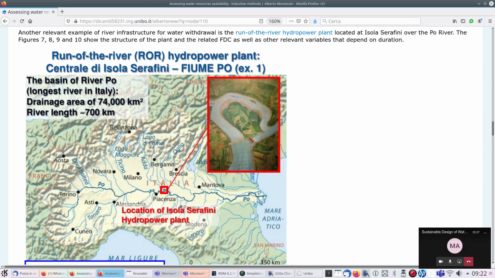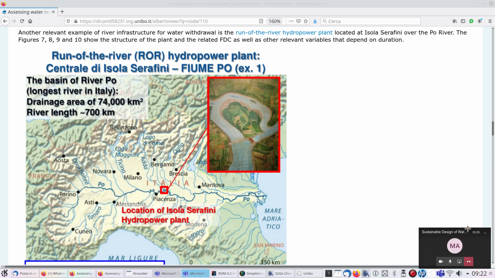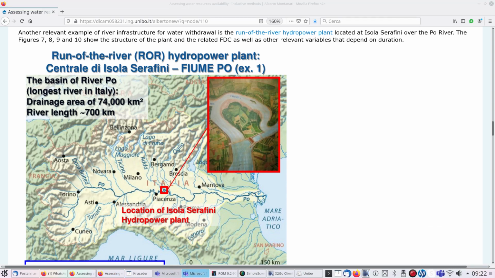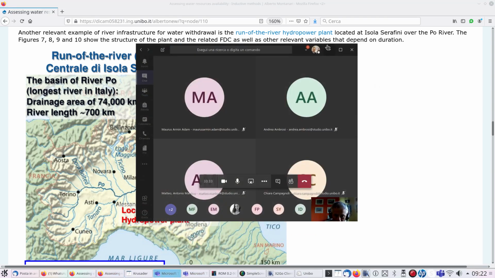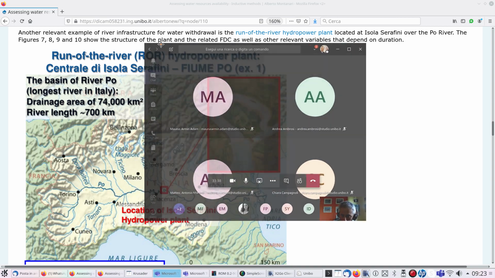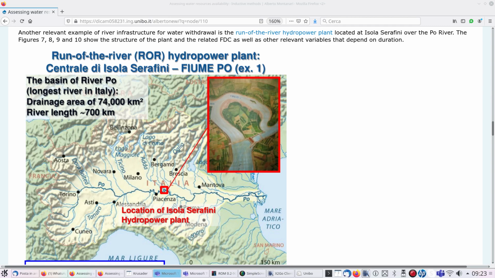Okay, good. Now you should see it. One second, I move this window to the other screen, otherwise... Good. Chat. Perfect. Now you should see the screen. Okay, if you still don't see it, write on the chat, but I am pretty sure that you can see it.